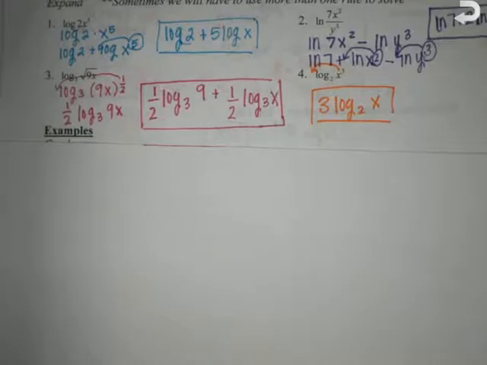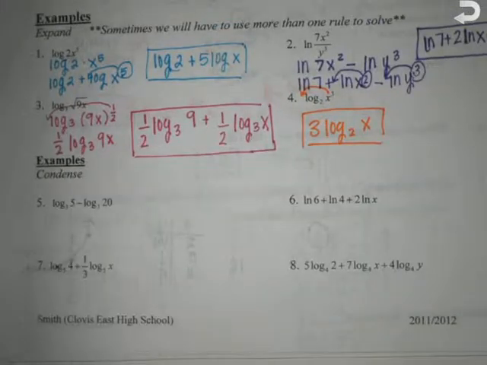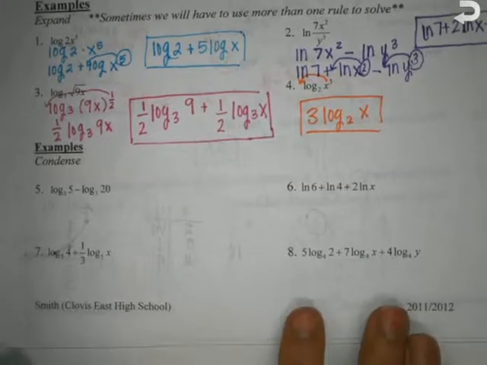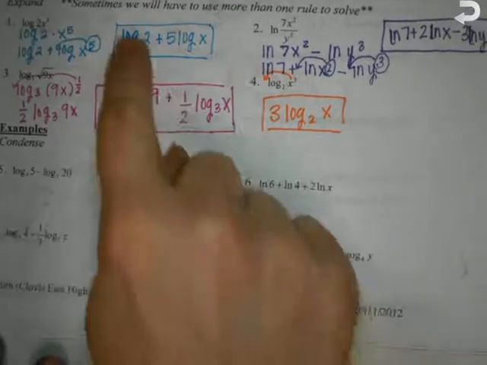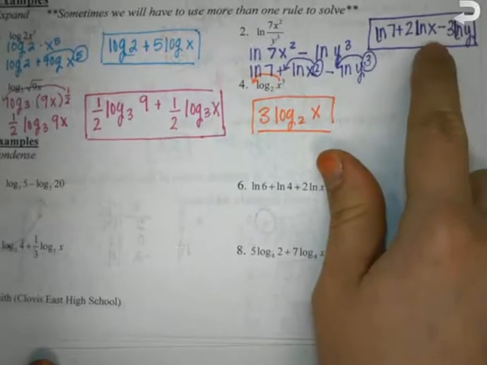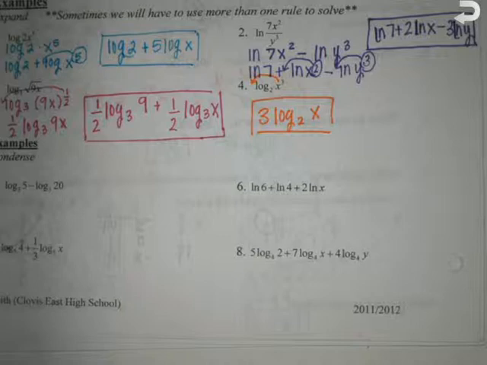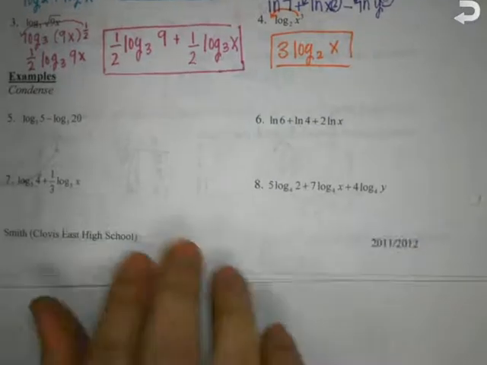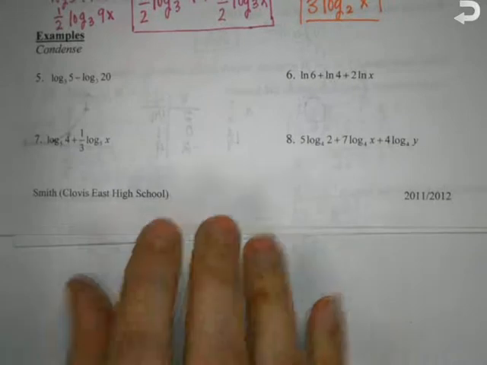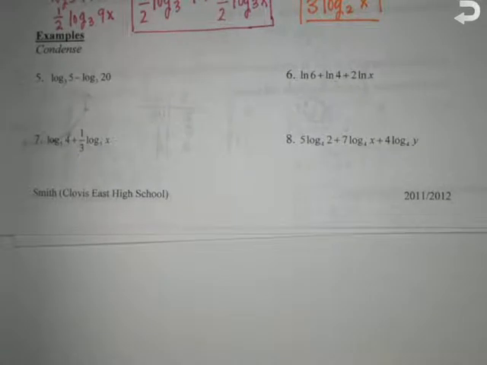The last 4 examples ask you to condense. So everything is expanded just like we were doing in the first 4 examples. Now we're doing it the opposite way. So we're trying to get it all put back together. Okay? So for number 5, they give us log base 3 of 5 minus log base 3 of 20. So if I'm subtracting 2 logs, what rule is that?